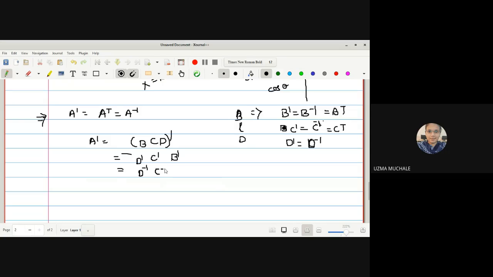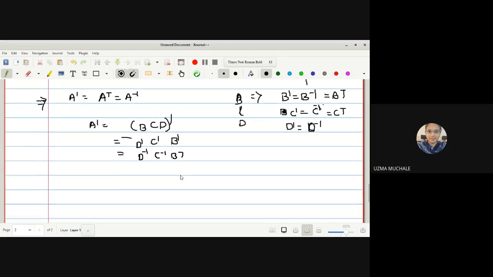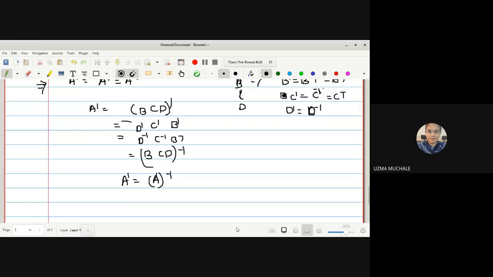So here I can write it as D inverse, C inverse, B inverse. Now again using the property of matrices, I can write B C D whole inverse is nothing but D inverse, C inverse and B inverse, correct? What is this BCD? This is nothing but your A. It's A inverse.